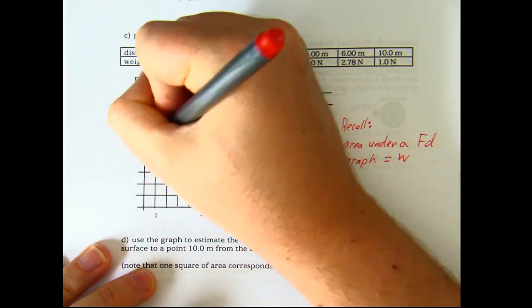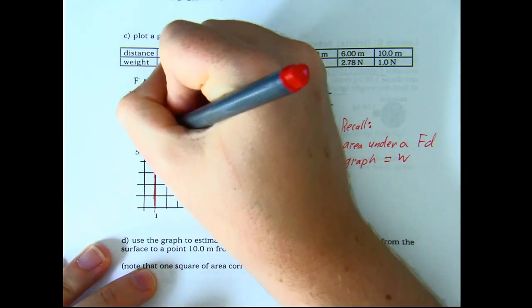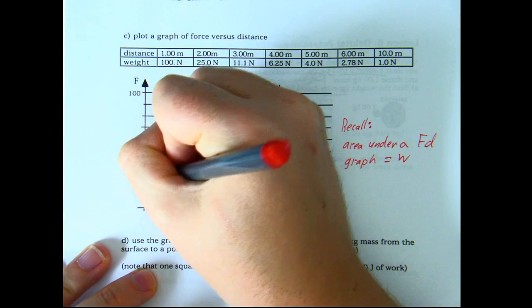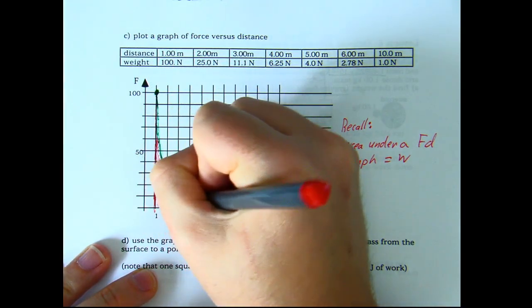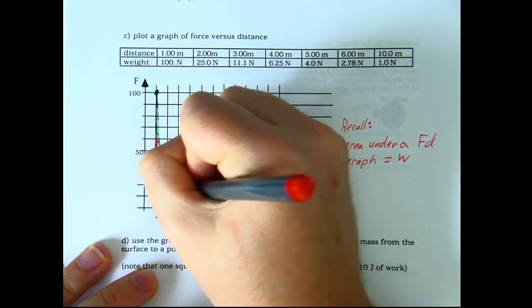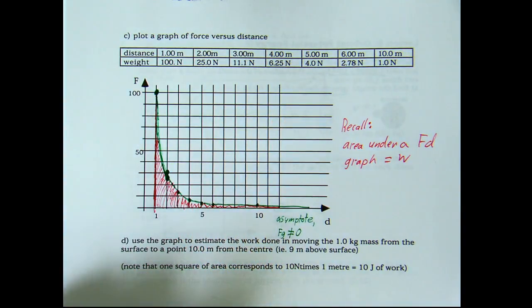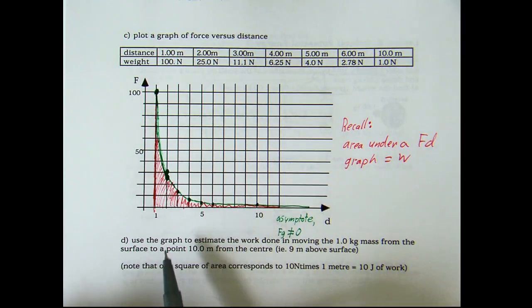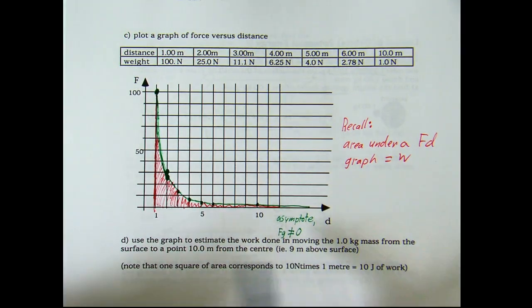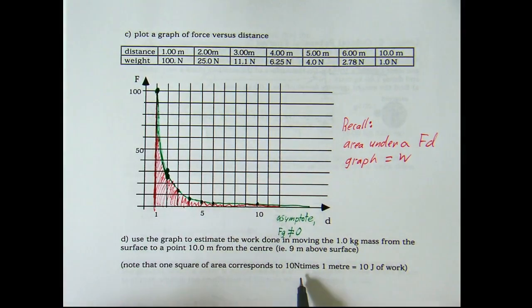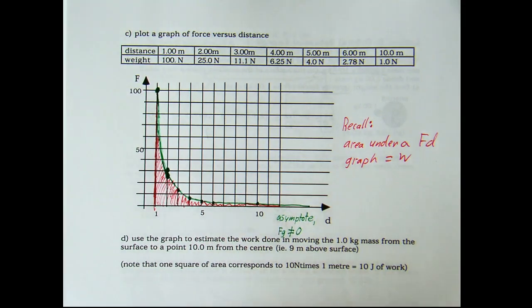The only problem here is we've got this kind of gross curved line. So what do we do here? We can use the graph to estimate the work done in moving the 1 kilogram mass from the surface to 10 meters. Note that 1 square of the area corresponds to 10 joules worth of work. So we could theoretically count all of these things.